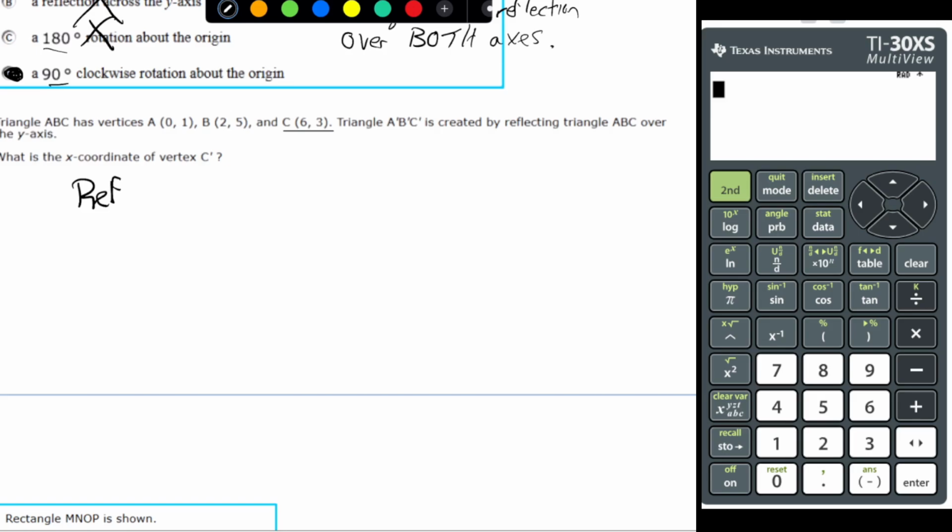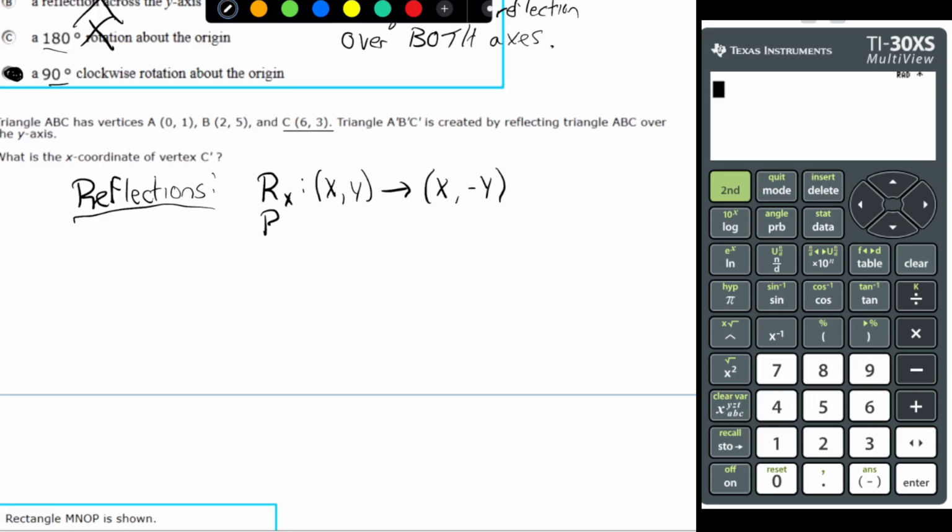Reflections are, in my opinion, probably the easiest transformation to do when you just have to figure out how to change the coordinate. Maybe translations. But if you're reflecting over the x-axis, which I'm going to denote by Rx, your (x, y) becomes (x, negative y).